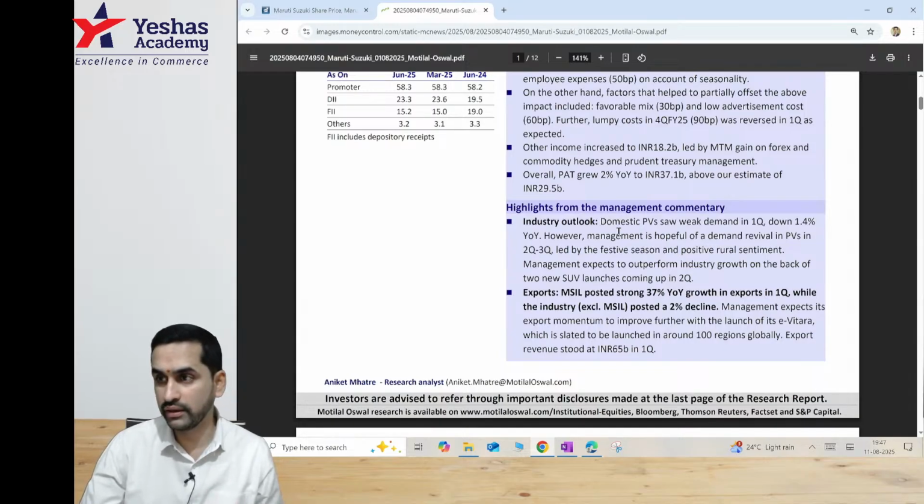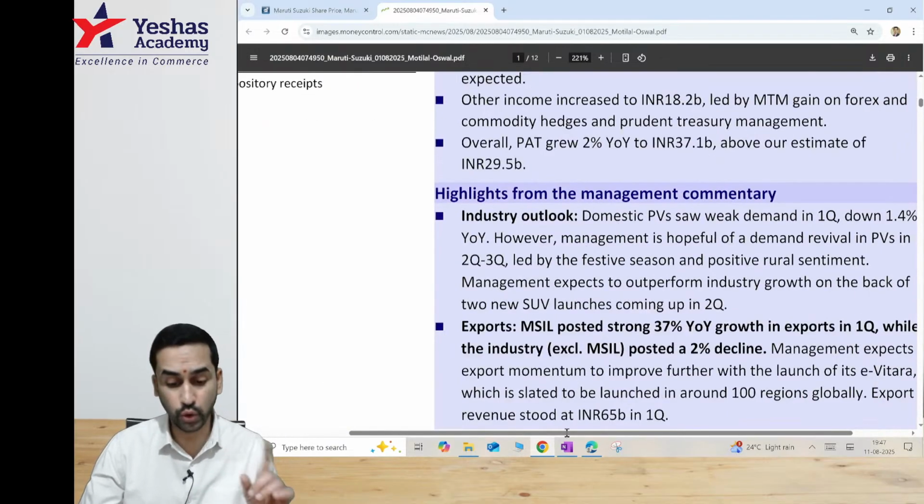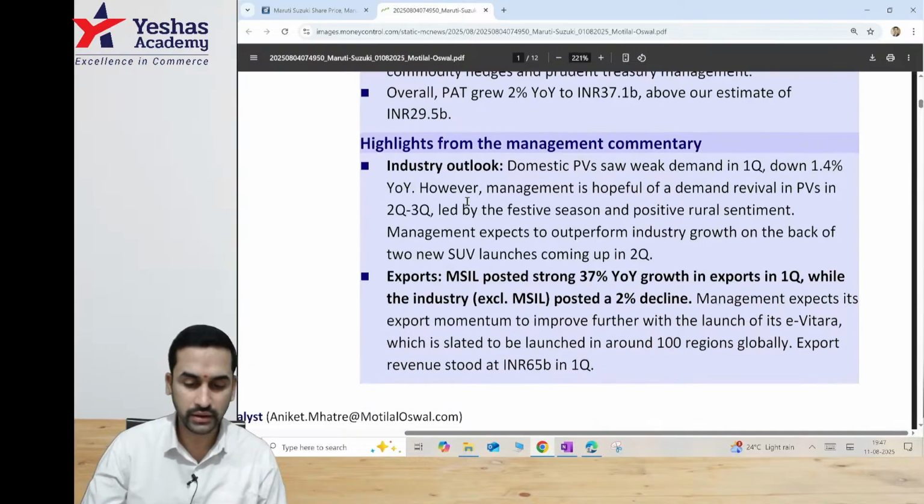When you see industry outlook, you must understand they're talking about the whole industry, not just the company.